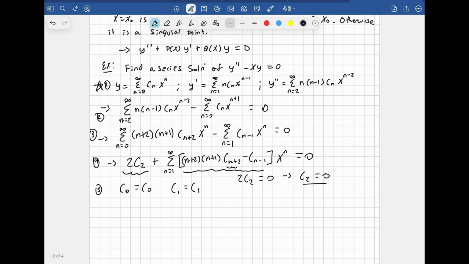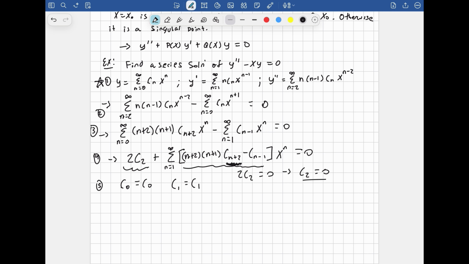In this case, c_(n+2) is the highest, so we're going to solve for that to find our recurrence formula, or our recurrence relation. This ends up being c_(n+2) equals c_(n-1) over (n+2)(n+1).